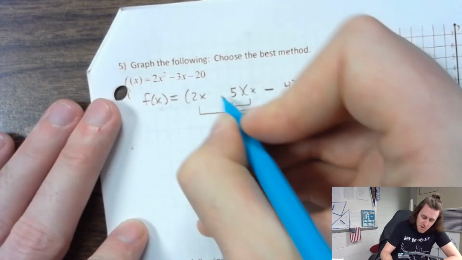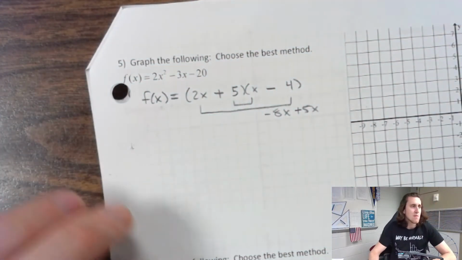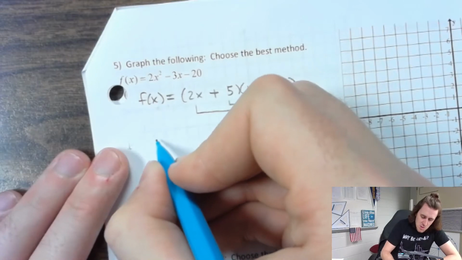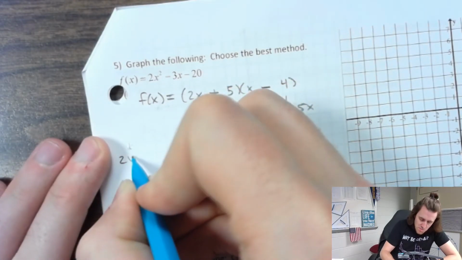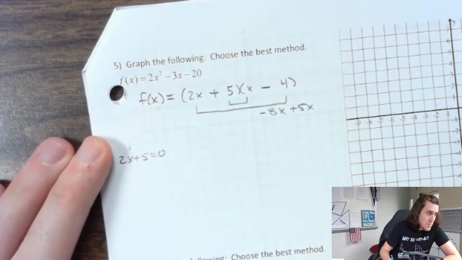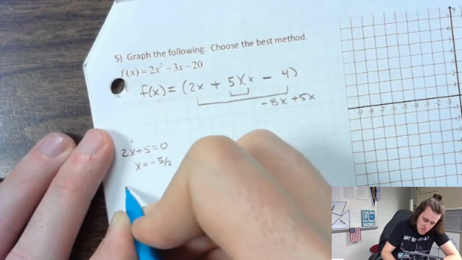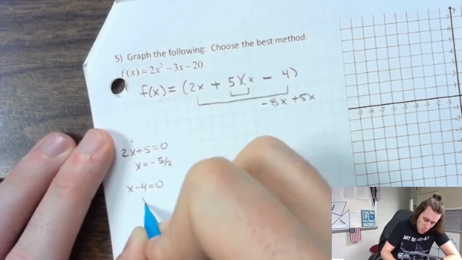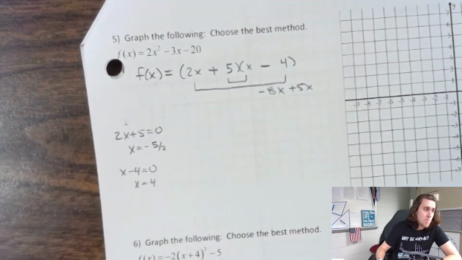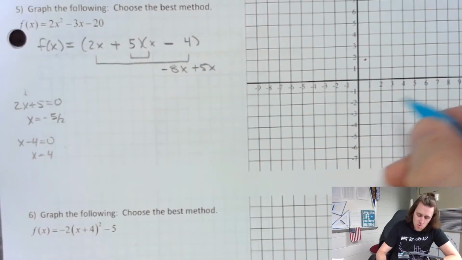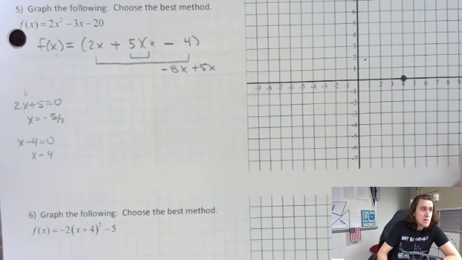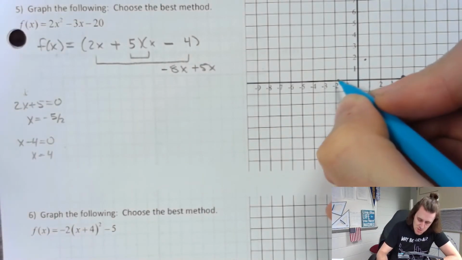So 8 part's negative, 5 part's positive. So setting those things equal to 0, we get that the x values are at negative 5 halves or positive 4. So positive 4 is here. Negative 5 halves is here.